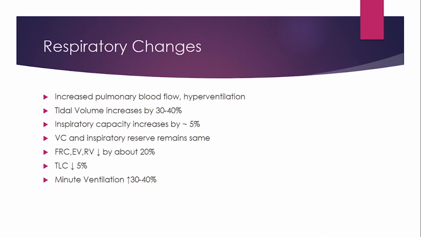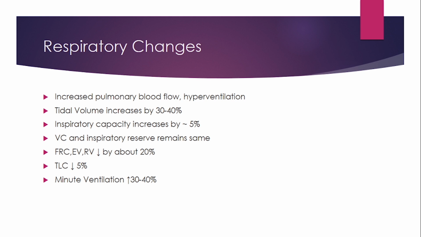In the respiratory system, we have an increase in pulmonary blood flow, which may actually cause hyperventilation. The tidal volume also increases by about 30 to 40%. The inspiratory capacity increases by about 5%. The vital capacity and inspiratory reserve remain essentially the same.